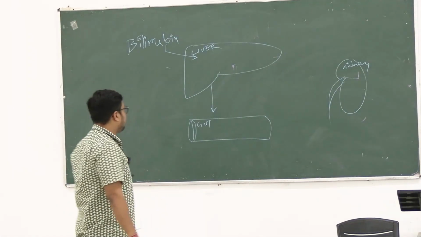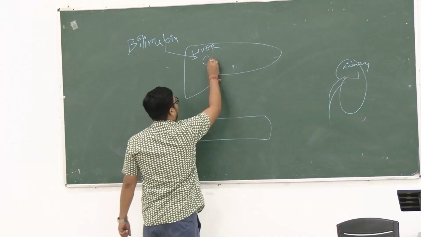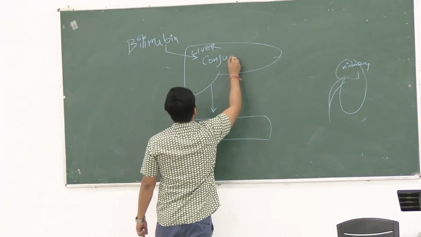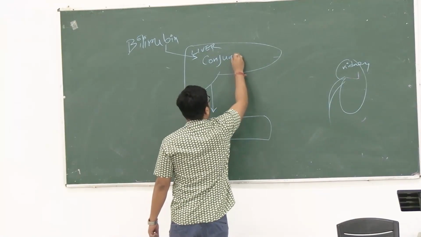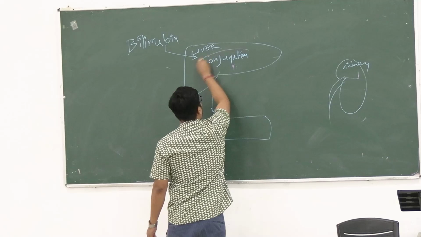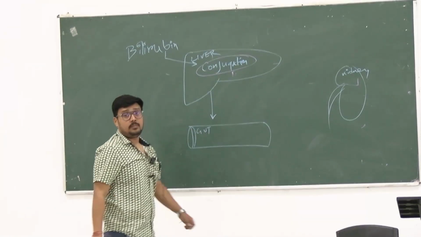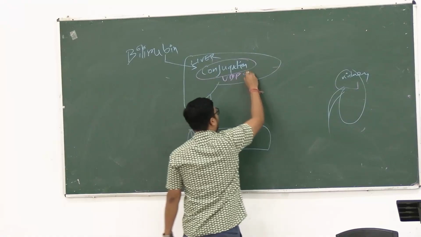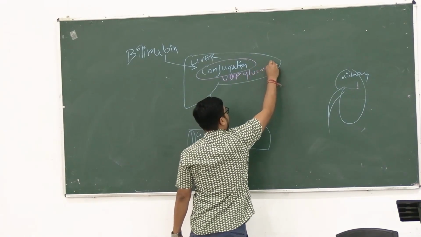So liver is the production site of conjugated bilirubin. So conjugation is there with help of the enzyme UDP glucuronyl transferase.